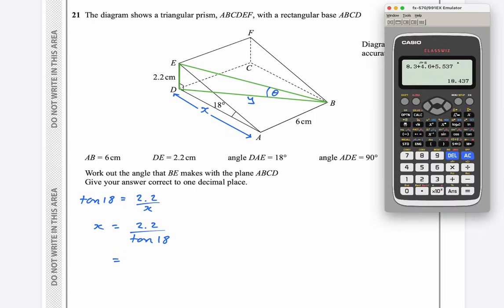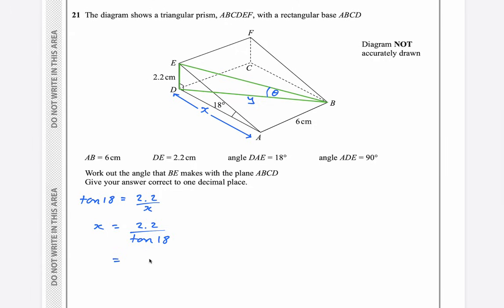So let's do that. 2.2 over tan 18 gives 6.7709. Does that look kind of right? I think so. Fine. Now I have that length here.